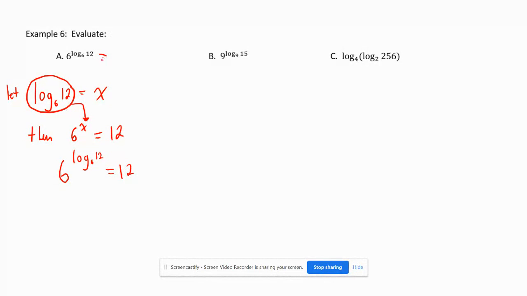You'll see questions like this pop up. This is a complex way of understanding another way of writing the number 12, as 6 to the log base 6 of 12. Almost what happens is this base of 6 and this base of 6 cancel each other out, and the result is this 12 over here. This answer over here, see how this 9 matches up with this 9. This answer is going to be 15, doing it the long way.